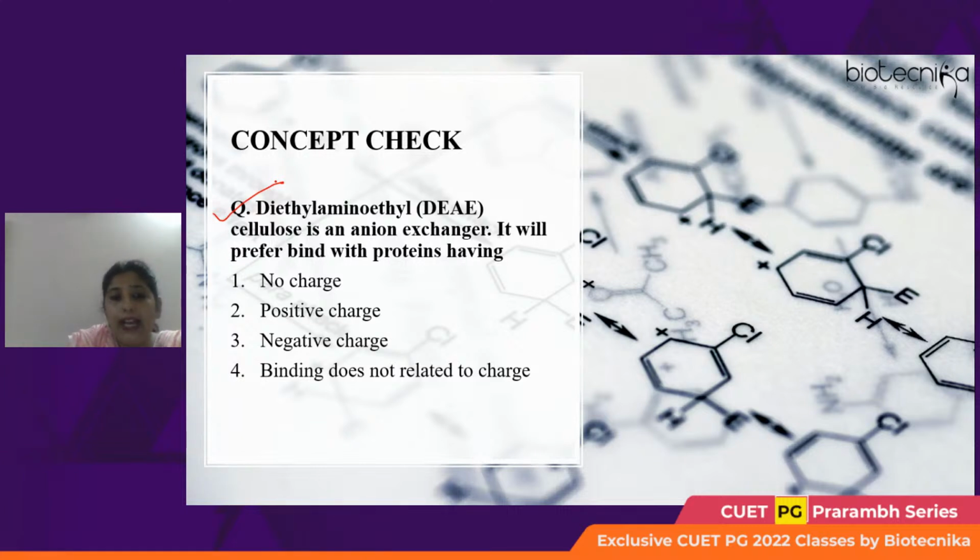So can I get an answer quickly for this question? Diethylaminoethyl, DEAE cellulose is what? It's an anion exchanger, right? So it will prefer binding with proteins having... Yes, quickly answer this question, everyone. Anushri, so quick, very good. Nishant, negative charge, very good.